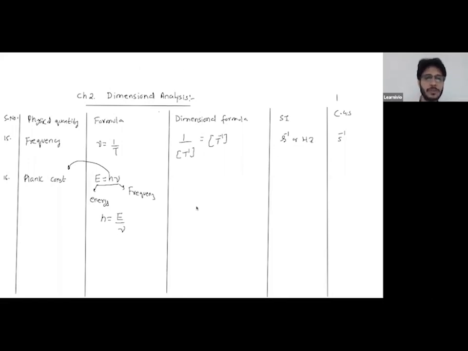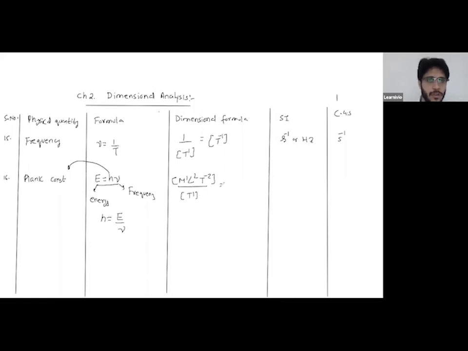Noor, what is the dimensional formula of energy? Sir, M1 L squared T raised to minus 2. Yes. And what about frequency, Noor? Time inverse. Time raised to minus 1.